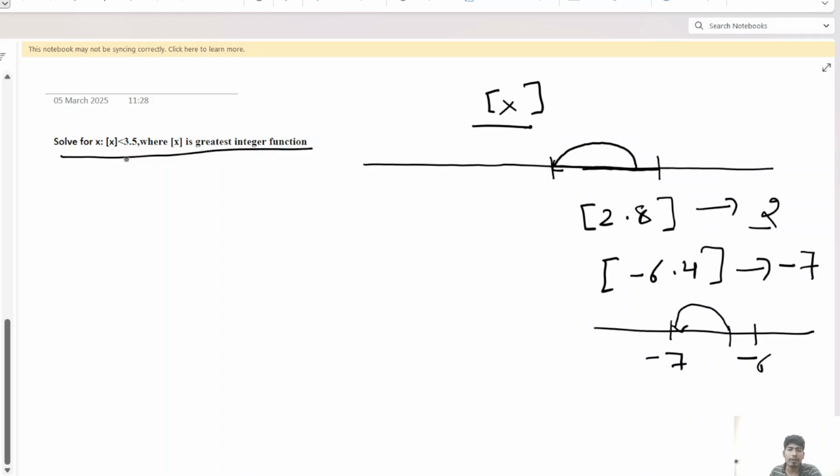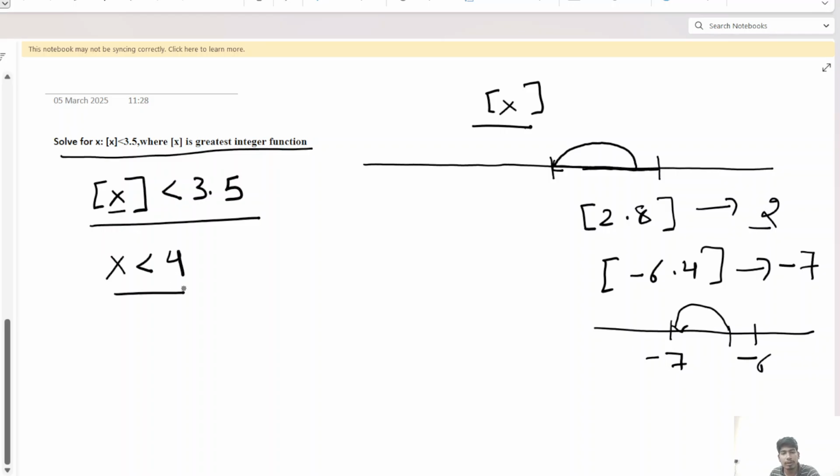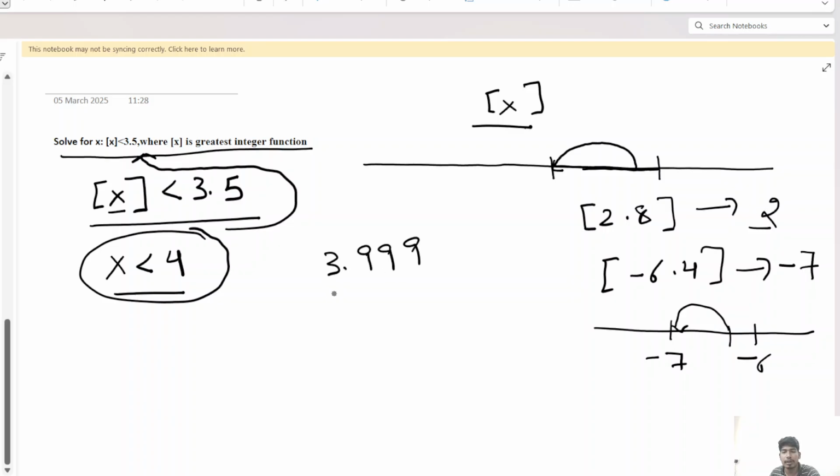Then what is asked? Mod of x, greatest integer function of x is less than 3.5. It means all the values less than 4 satisfy this inequality, because if we take 3.99999, then it becomes 3.